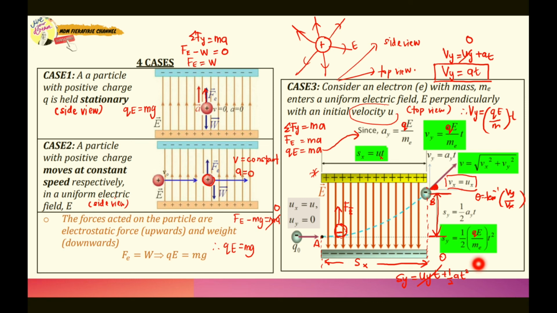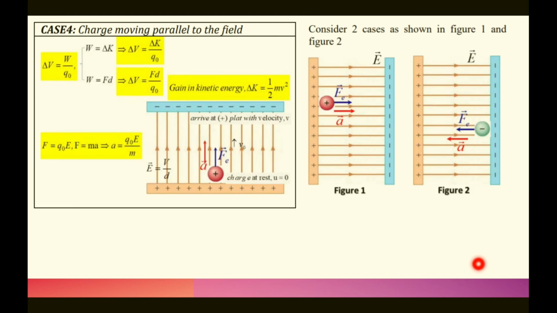Alright, good. Let's move to the next slide. Now look at the diagram on your left side. We have a positive and a negative plate, and you can see this positive charge will be attracted to the negative plate and it will move upward. So the direction of Fe is labeled upward. Therefore, total Fy is equal to Ma, and this is from the top view.